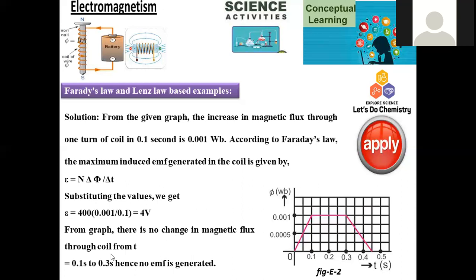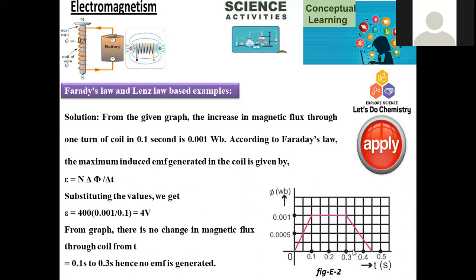From the graph, there is no change in the magnetic flux through the coil from time 0.1 to 0.3.